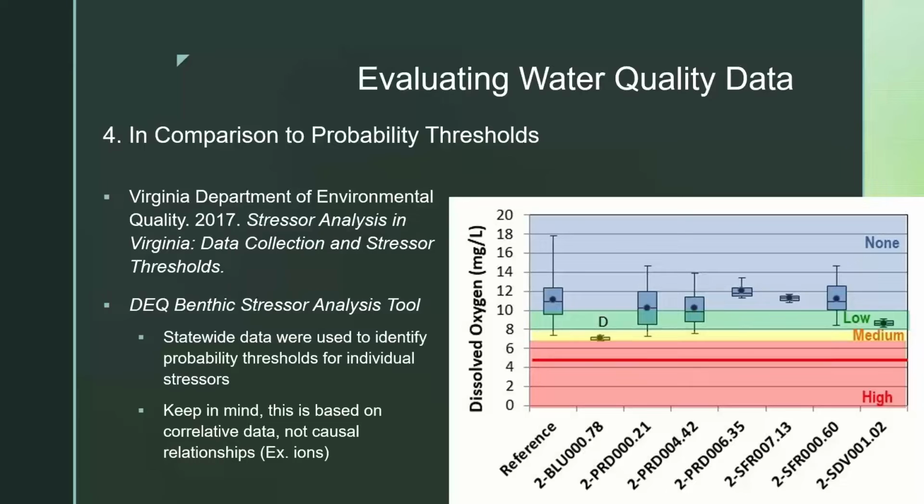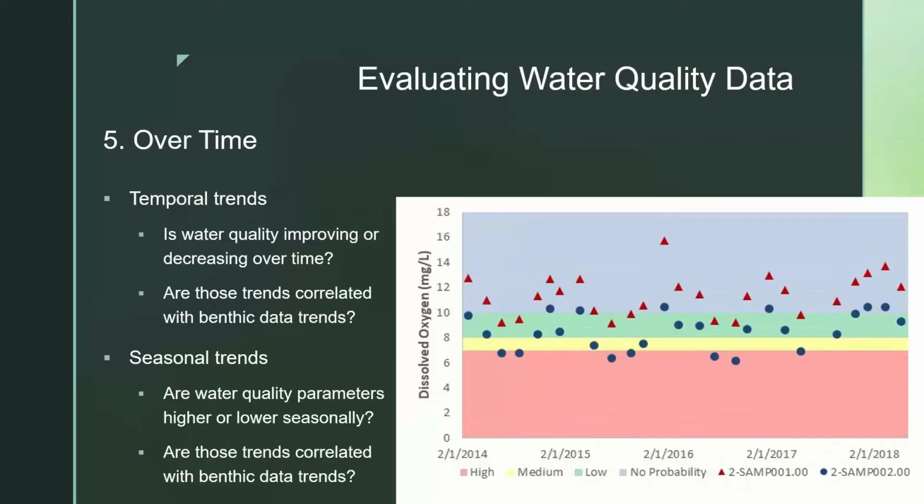I think we need to look at it in the context of other lines of evidence as well. Another caveat is that it's based on correlative data, not necessarily causal relationships. And so that's another reason why I think we need to use it within the context of other lines of evidence that support or refute a particular stressor.